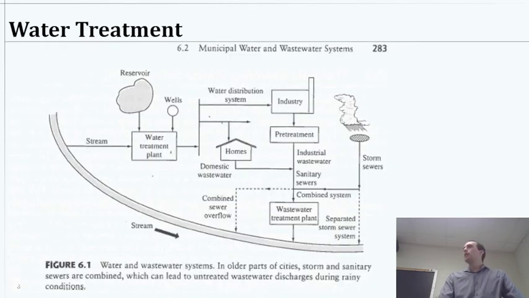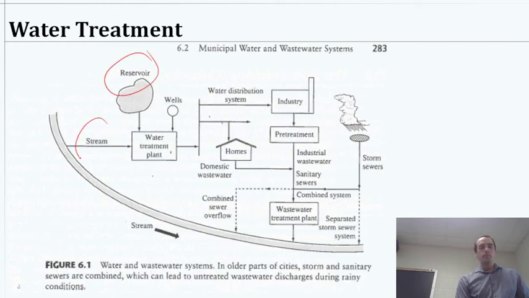So a typical water system, an engineered water system in an urbanized environment, would look something like this. We have a variety of options to withdraw from. Could be a reservoir or a lake, a stream or river, could be groundwater. We'll take one of these sources, typically, and send it to the water treatment plant.